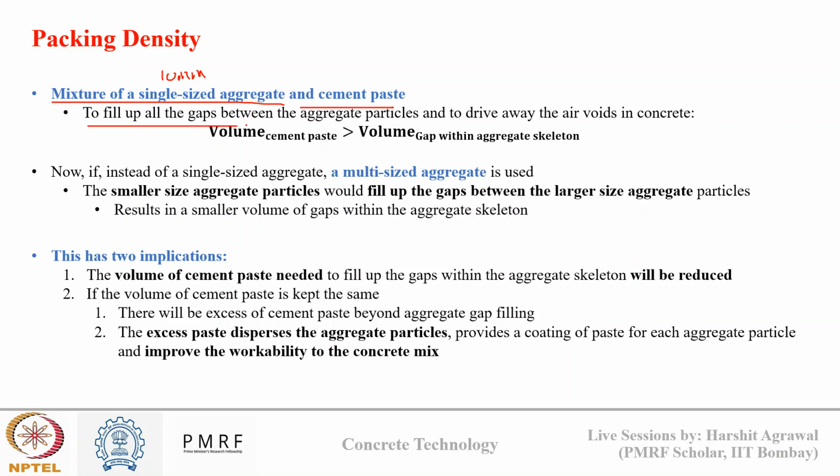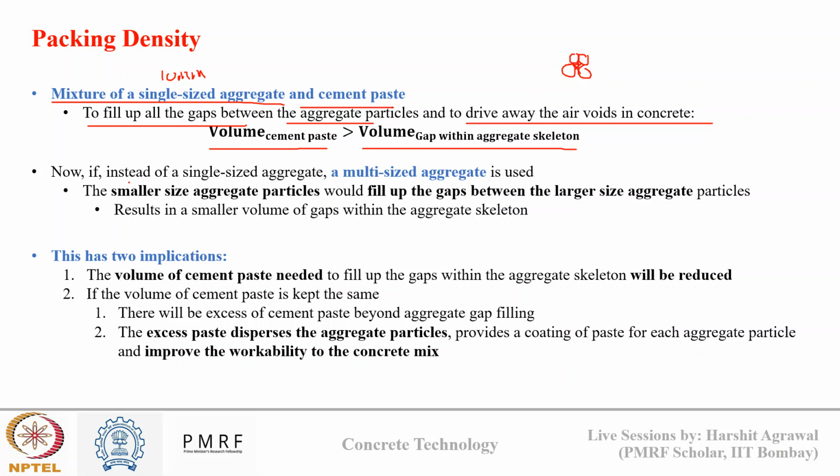Now to fill up all the gaps between the aggregate and to drive away the air voids inside the concrete, I need my cement volume to be greater than the volume of gap within the aggregate skeleton. Okay, so I have an aggregate skeleton like this. These are single sized aggregate, suppose, and there will be gaps in between. If I want to fill up all the gaps in between aggregates, my cement volume should be greater than the gap between the aggregate.